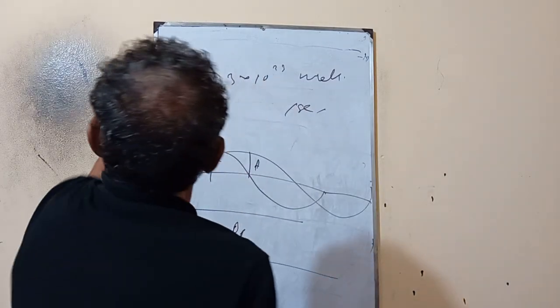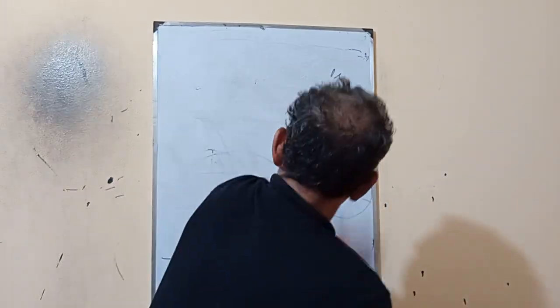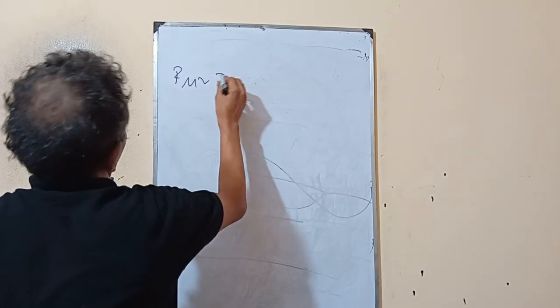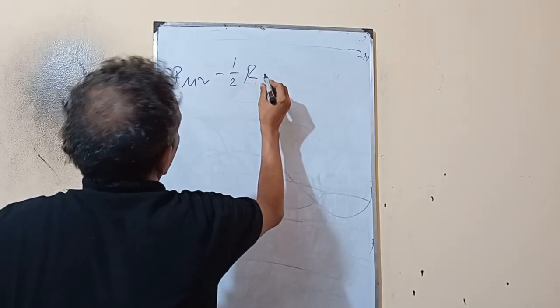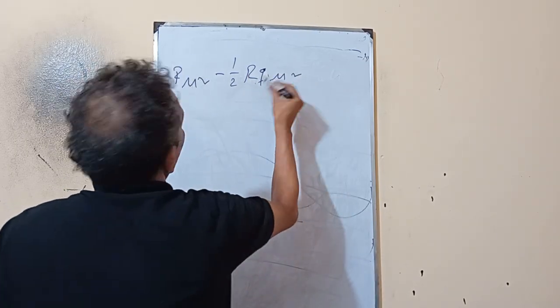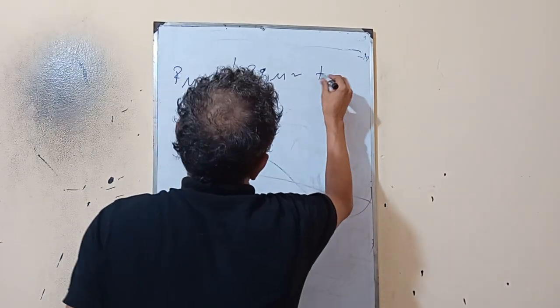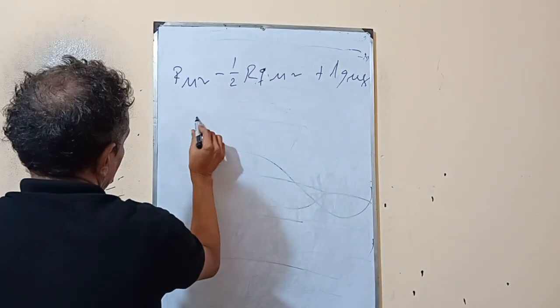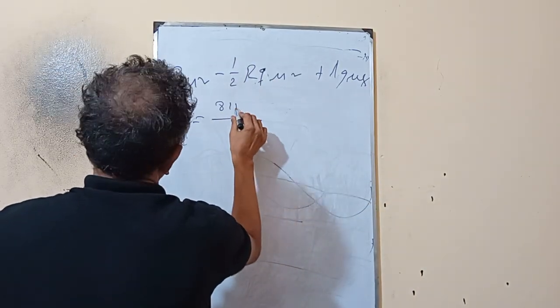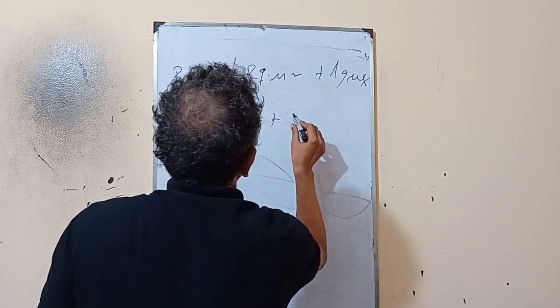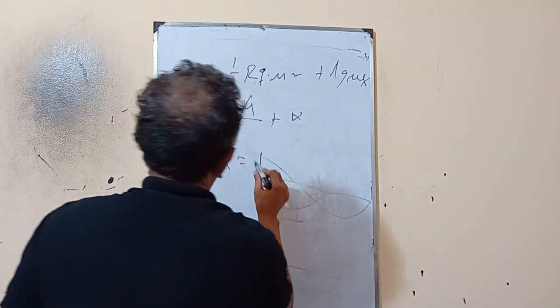Last thing I have analyzed: R, then R G, and then 8 pi G, CP 4, and K. K is equal to plus 1.